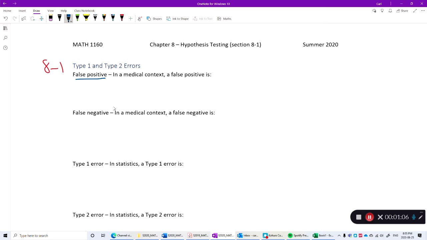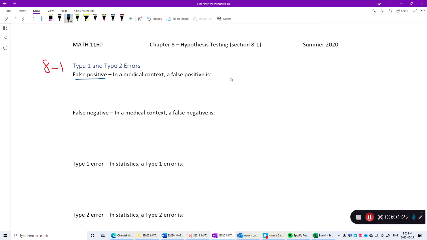So what's a false positive? In a medical context, a false positive is when the test says that somebody has the disease or they have the condition, but they actually don't, right? So let's write that down.